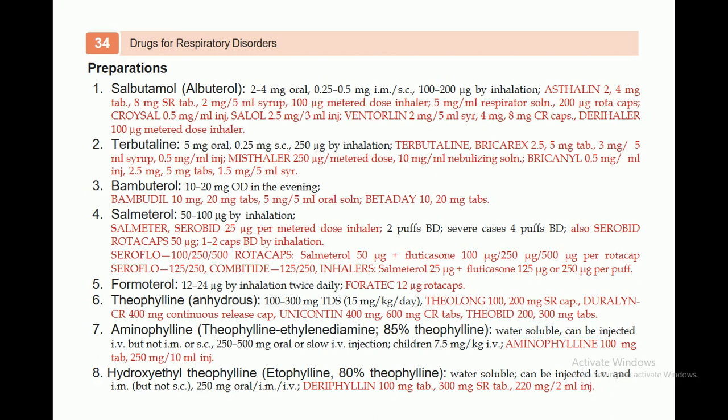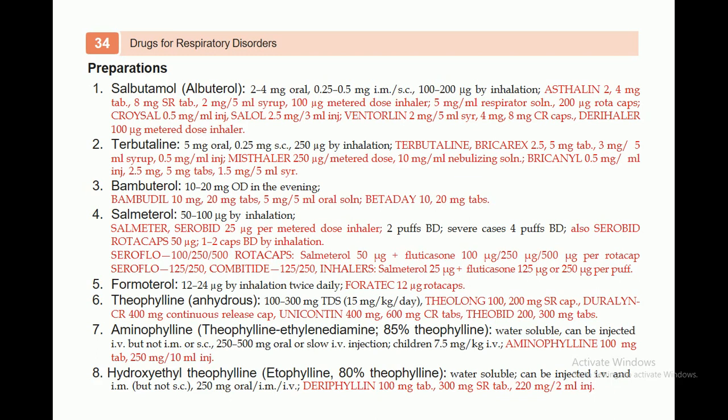Especially in children, it is dosed per kg body weight, which I have already discussed in drug calculations, how we can calculate dose for geriatrics, for children, for neonates. Aminophylline is also available in 100 milligram tablets and 250 mg per 10 ml injections.